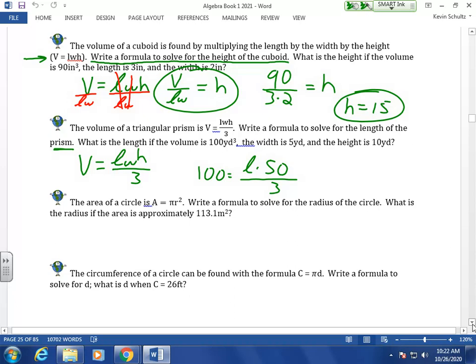I'm multiplying L by 50 and dividing that by 3. If I want to get L by itself, that means I want to move everything else over to the other side. So using opposite operations here, if I'm multiplying L by 50 and then dividing that by 3, I want to undo that. What would I do first?